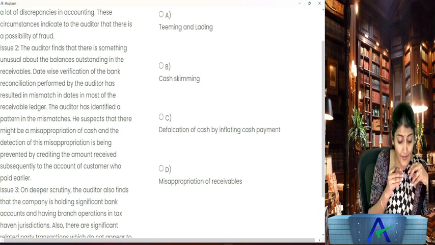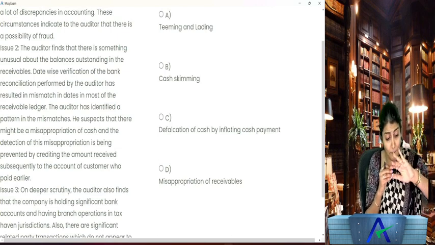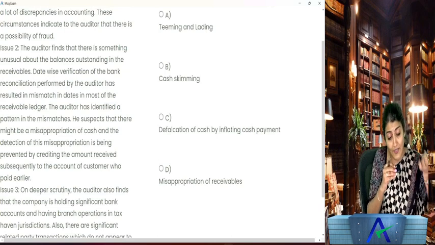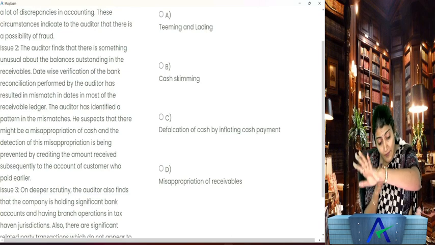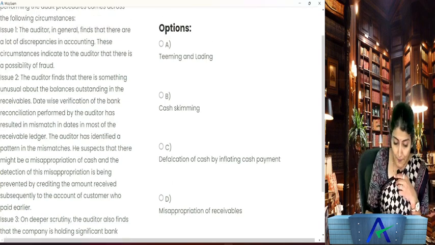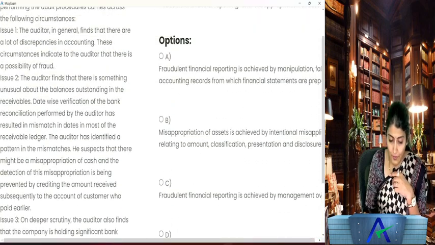The auditor has identified a pattern in the mismatches. He suspects that there might be a misappropriation of cash, and the detection of the misappropriation is being prevented by crediting the amount received subsequently to the account of the customer who paid earlier. 100% it has to be teeming and lading. Okay, right.